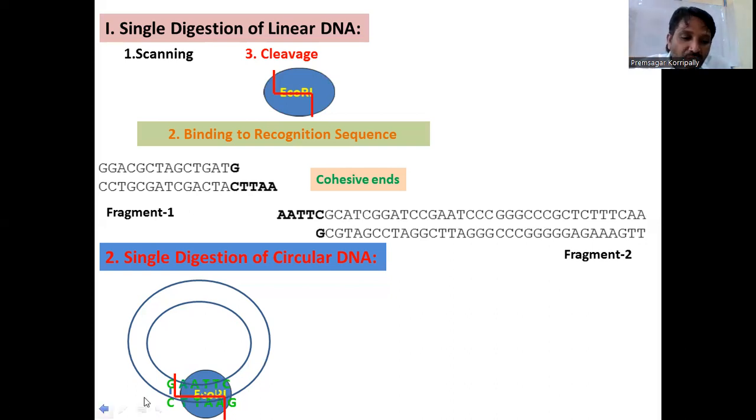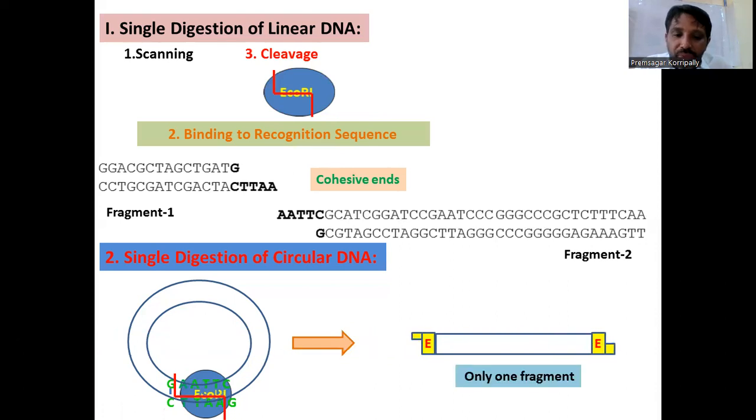So here you have only one restriction site, you got only one fragment. But in case of the linearized DNA, it is having one restriction site, but two DNA fragments. This is the difference between the linearized DNA molecule restriction digestion and circular DNA molecule digestion.